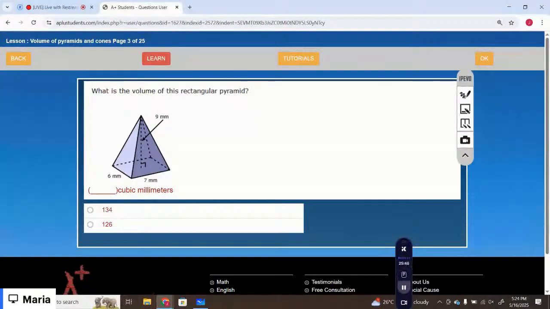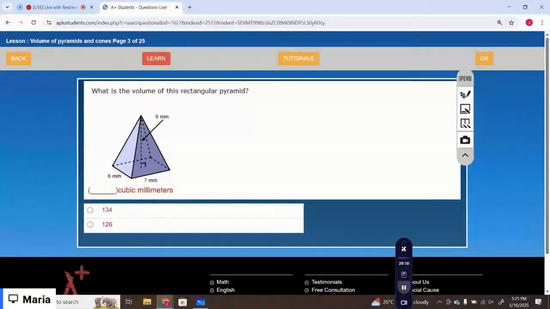What is the volume of the rectangular pyramid? So how do we calculate?